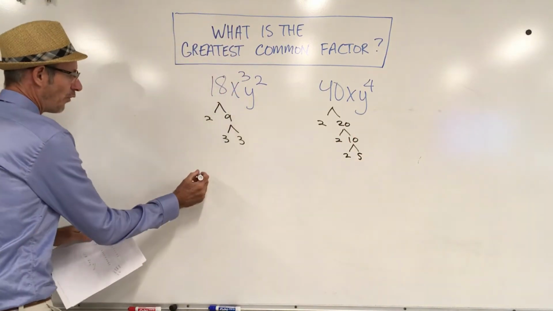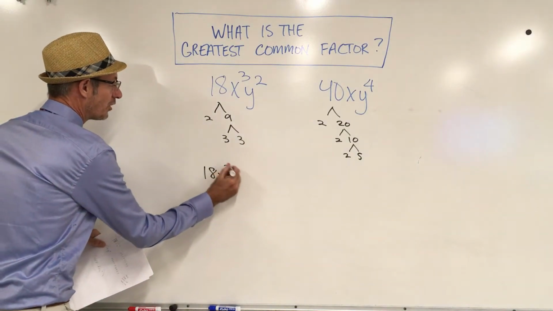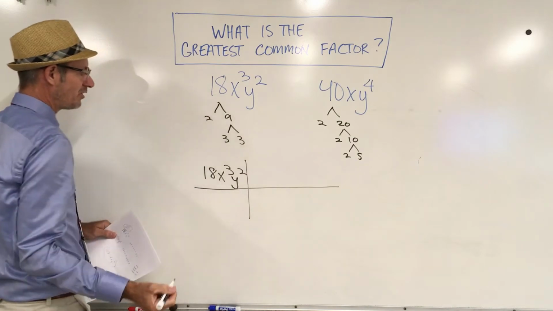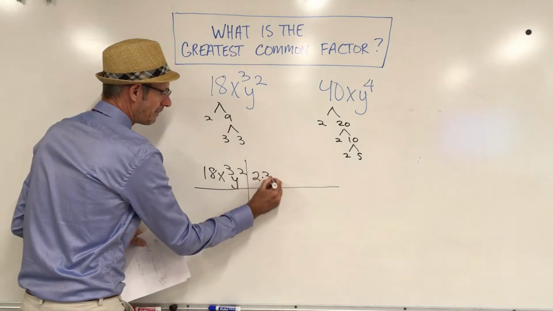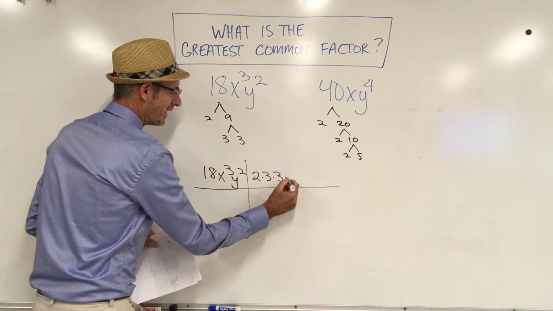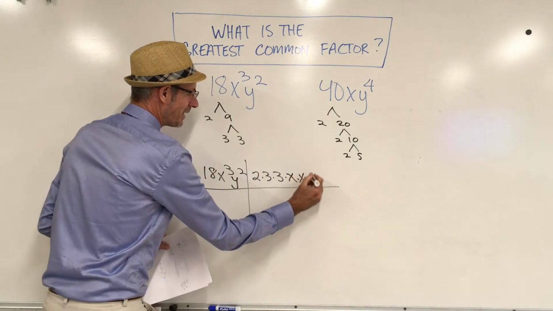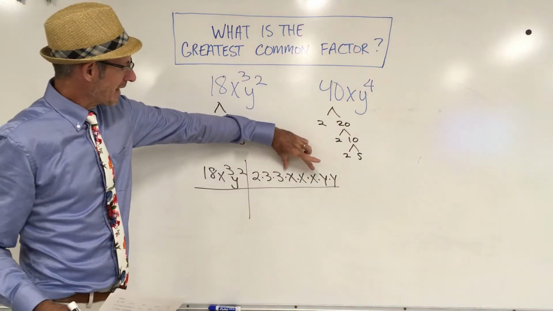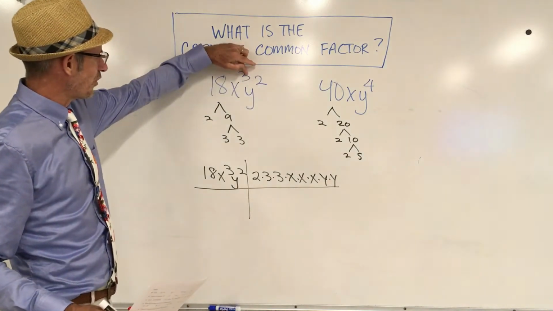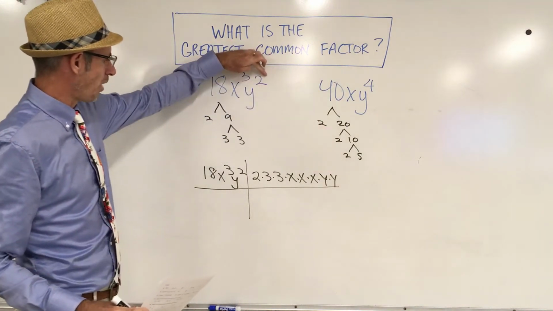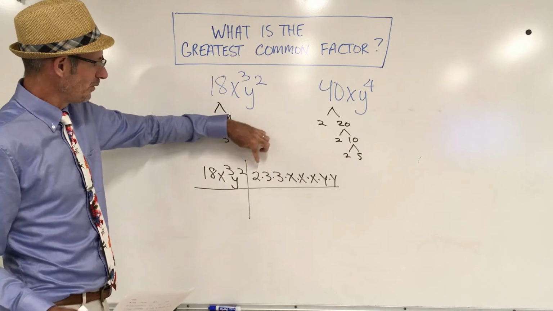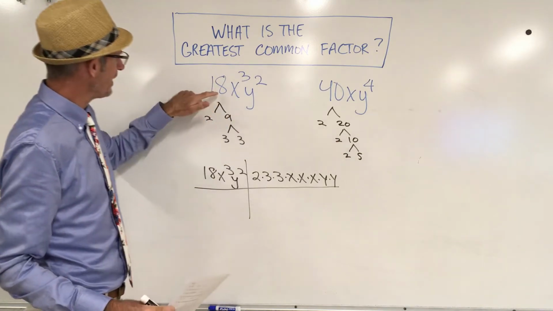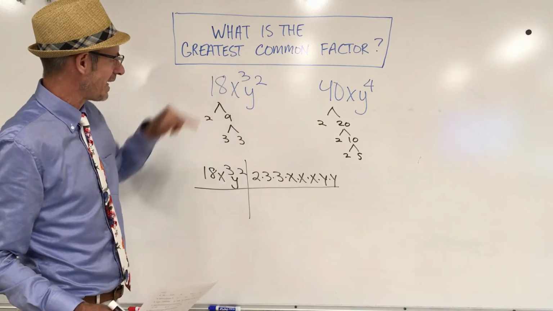So now, for my 18x to the third y squared, my prime factorization is 2 times 3 times 3 times x times x times x times y times y. So x times x times x is x to the third. Y times y is y squared. So 2 times 3 times 3 times x times x times x times y times y is 18x to the third, y to the second.